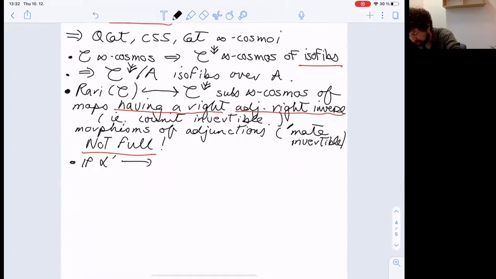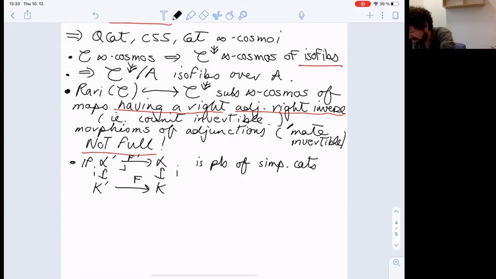So if you have a pullback square like this, okay, if this is a pullback of simplicial categories, and everything's infinity cosmos.